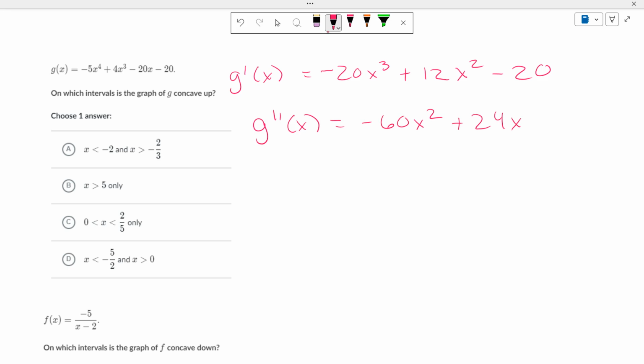So if we factor out the greatest common factor, the greatest common factor is 12x. How about negative 12x? So then we get 5x minus 2. So x equals 0 and x equals 2/5.